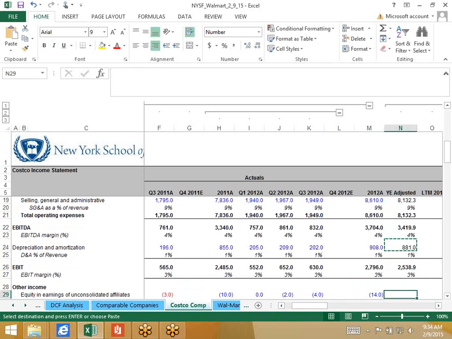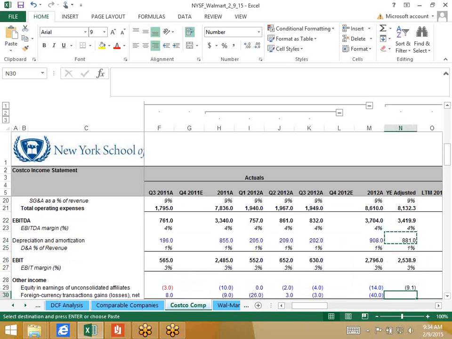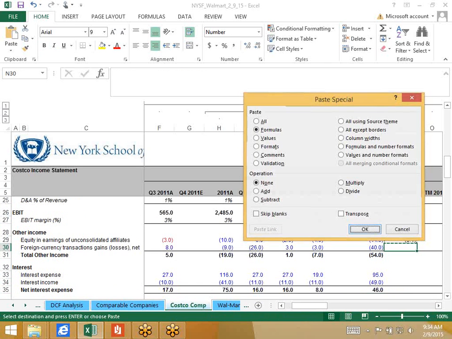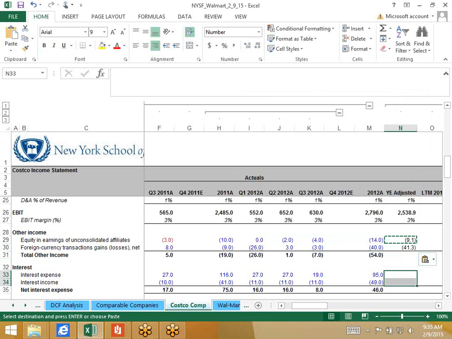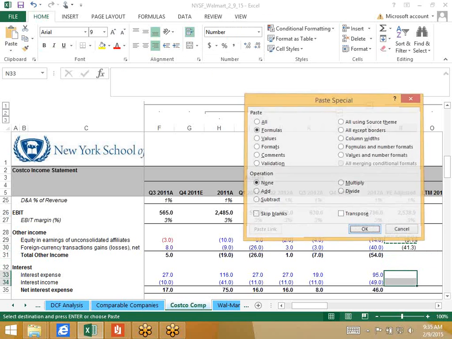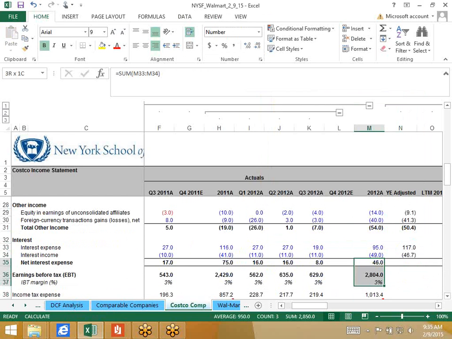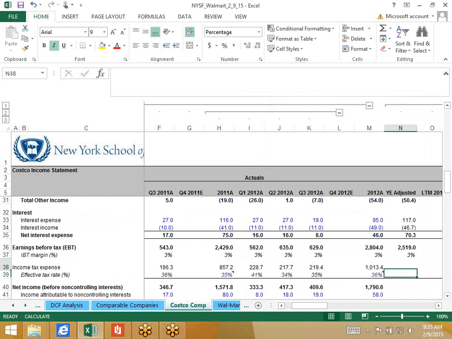Even other income and interest income, same idea. And interest expense, interest income, just making the same adjustments with the exception of the totals. Take a few minutes and try to get there.